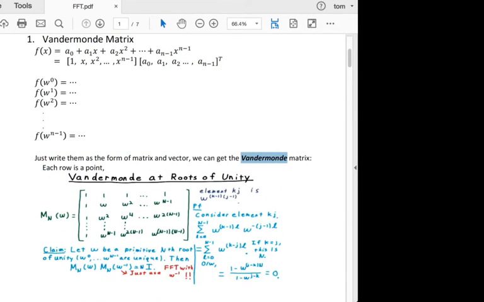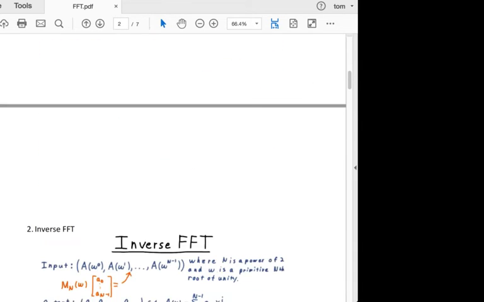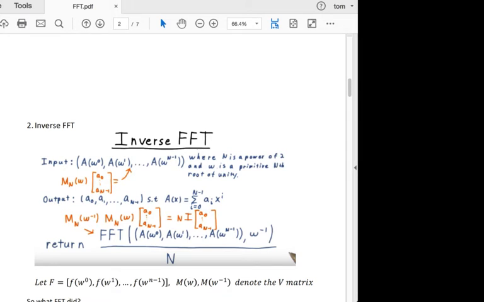My idea is just to tell you that the n points can be represented as a matrix multiplied by a vector, and the right side is also a vector.